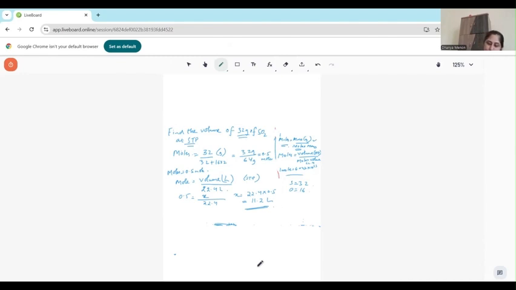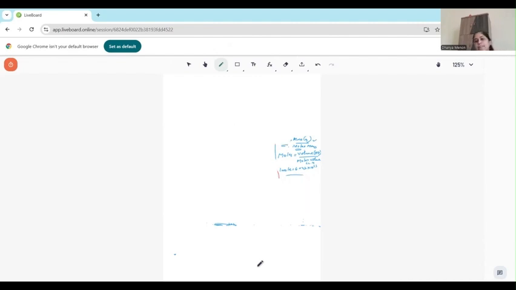Next one is one of the NEET questions. Sometimes they give us a question to solve and write down the answer, and sometimes there's a multiple choice question also. The question is: the highest number of helium atoms in which of these? The options are: A, 4 mole of helium. B, 4 u of helium. C, 4 gram of helium.